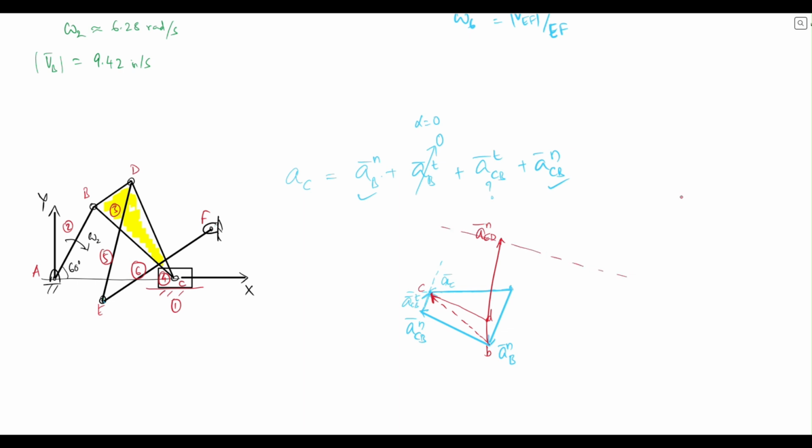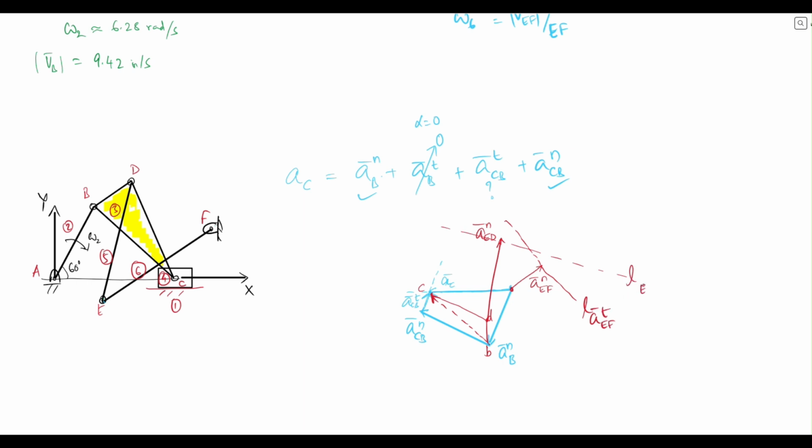orthogonal, which will have the tangential component of acceleration of E with respect to D. From here, we can draw acceleration of E with respect to F, which is along this line. This is acceleration of E with respect to F normal. And then we would be able to draw something orthogonal to that, which is line of acceleration of E with respect to F tangential.